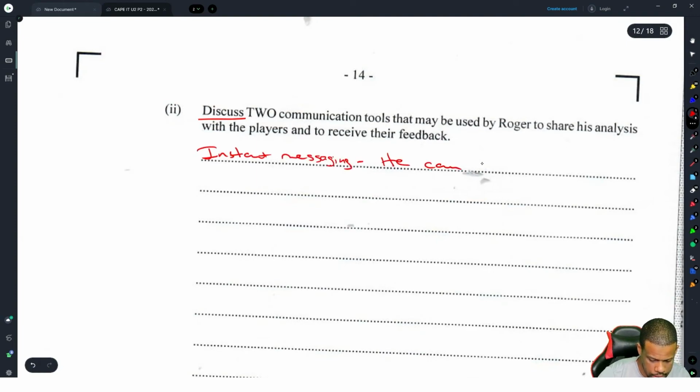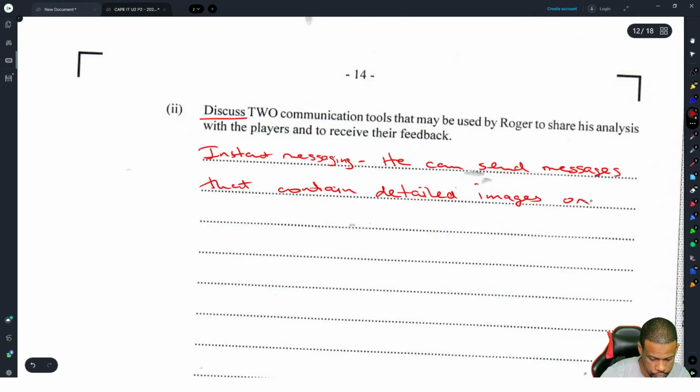He can send messages that contain detailed images of certain findings from the tools used.